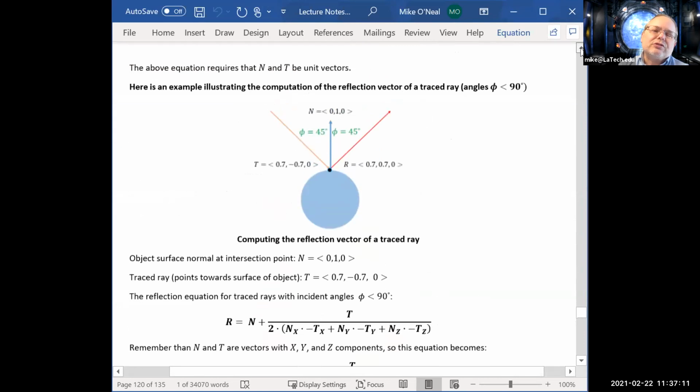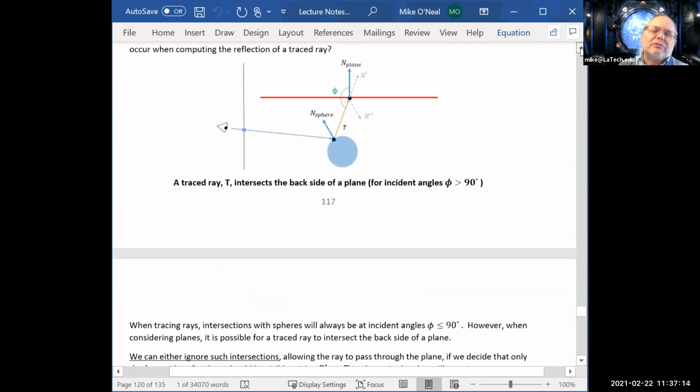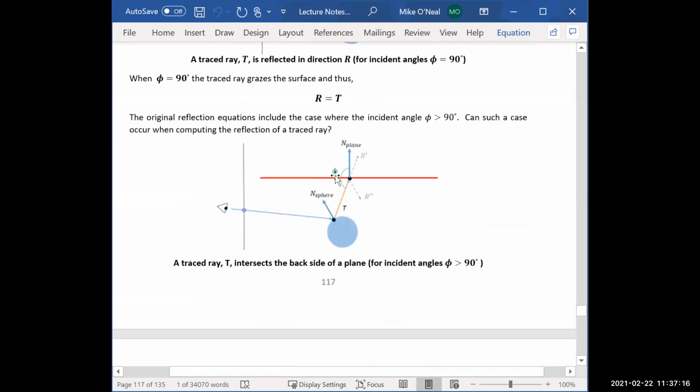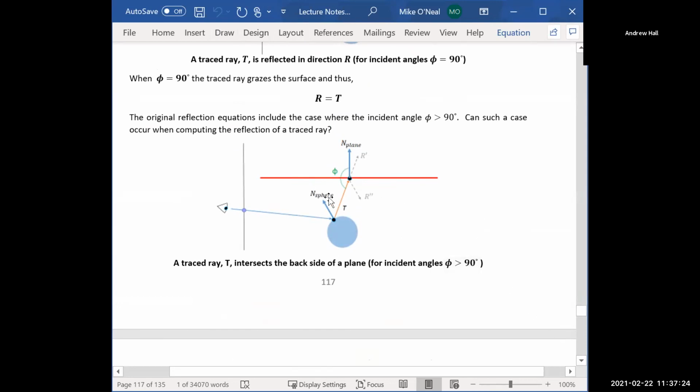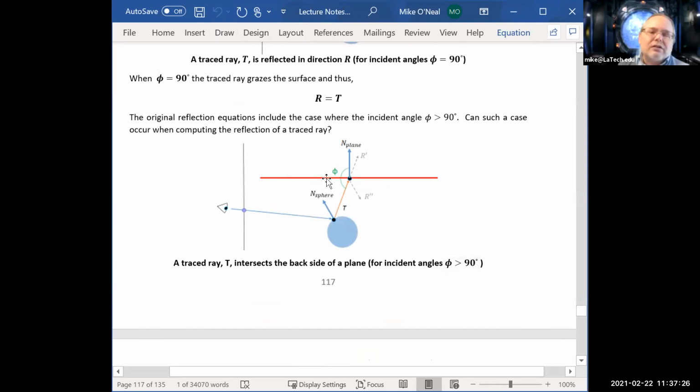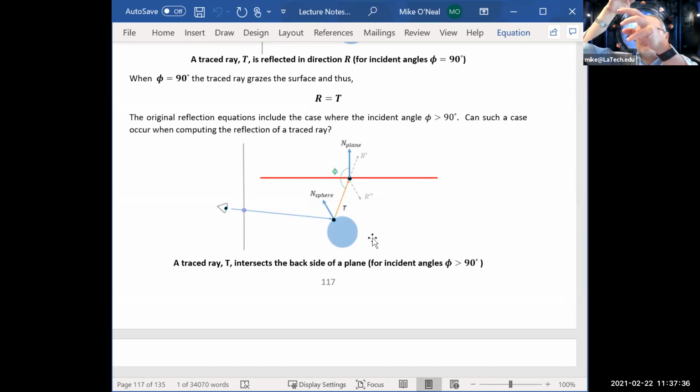I assume you're talking about this problem, Andrew, or are you talking about a different problem? Yes, that one. Right. So there's a plane. We're going to put some spheres over a checkerboard, right? What happens if we were to raise that checkerboard so that it was above the spheres? Would it vanish when it went above our line of eyesight, or would you be able to see it from below? That's the question.